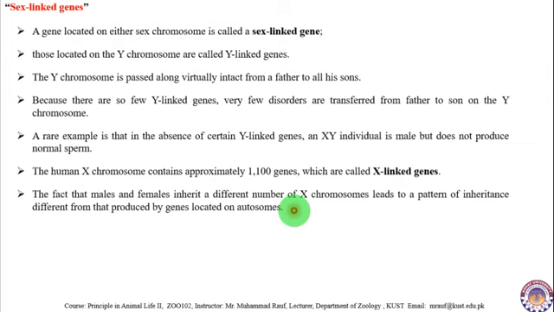So the only difference is the gene complement of the sex chromosomes and the sex chromosome combination in both sexes. So the pattern of inheritance is different, which we will study in the coming slides.